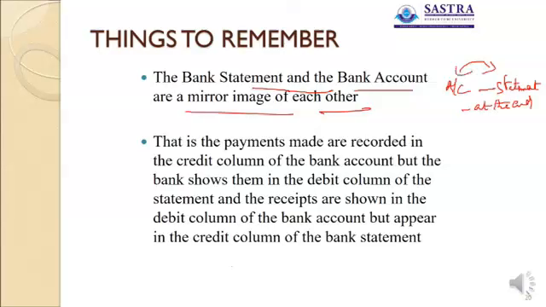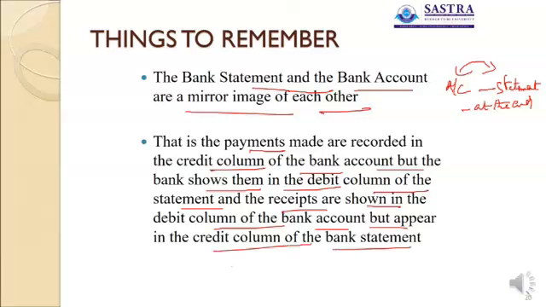That is, the payments made are recorded in the credit column of the bank account, but the bank shows them in the debit column of the statement. And the receipts are shown in the debit column of the bank account, but appear in the credit column of the bank statement. So the bank column is named as bank account and the statement at the end.